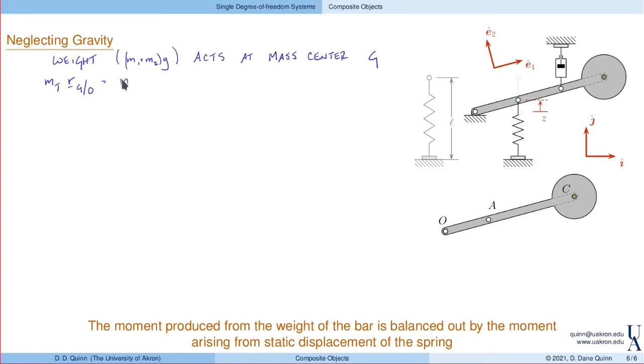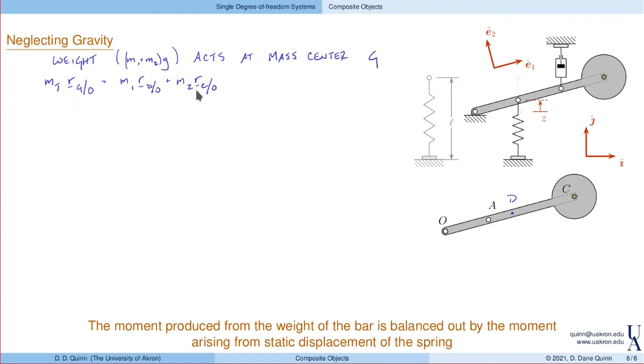So here we have the mass of the bar times the position of the center of the bar with respect to O. So let's call the center of the bar right there at D. And then the mass of the disk times the position of its mass center, which is C, again with respect to O.